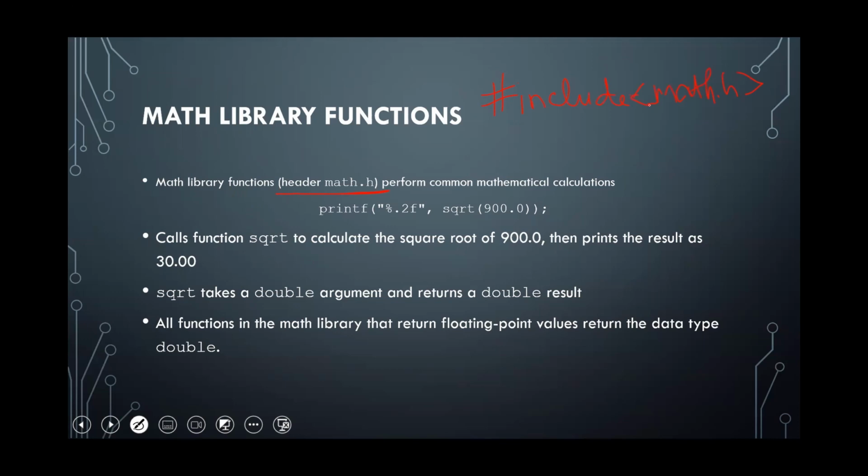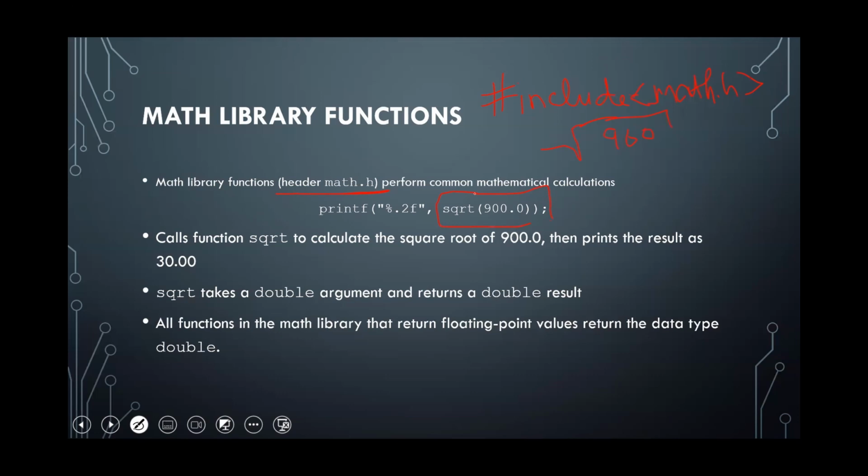The math library has hundreds of different things to do. Basically, it's got every function that's on a scientific calculator. So here, let's say we want to do the square root of a number, for example 900. I can say, call my square root function right here, and I'm going to pass it the number I want the square root of.